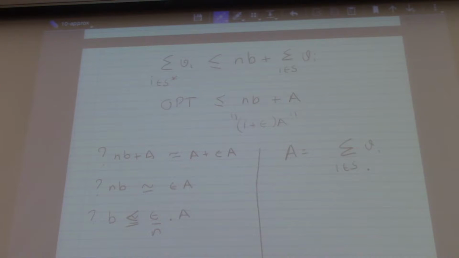So we assume that every single item fits in the knapsack, and therefore we assume that, remember, V star was the largest value item.